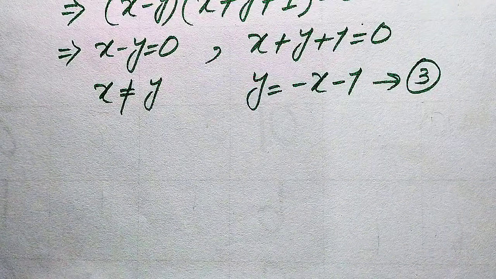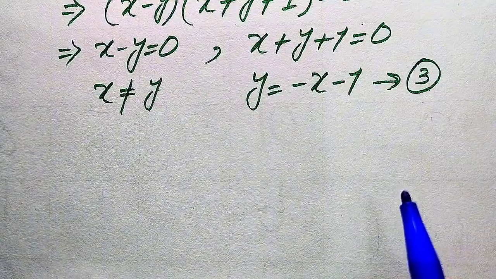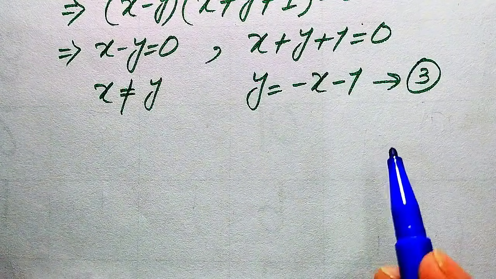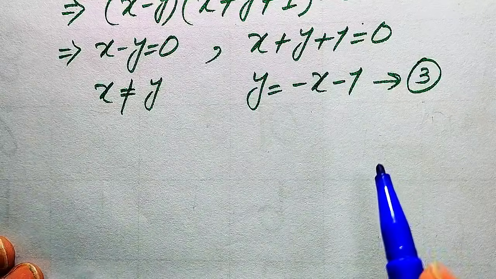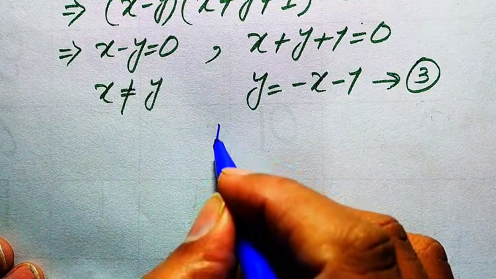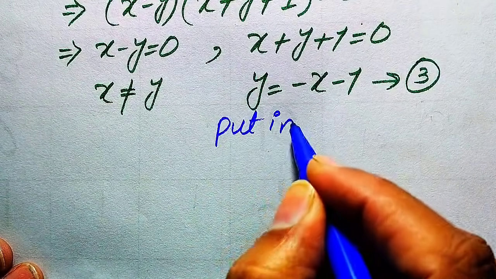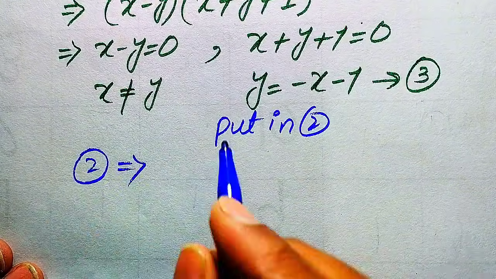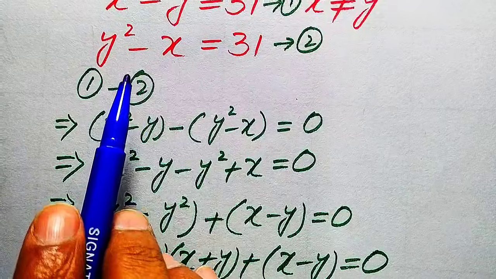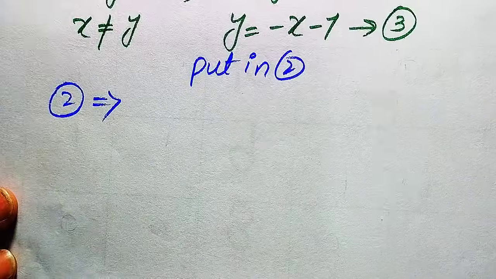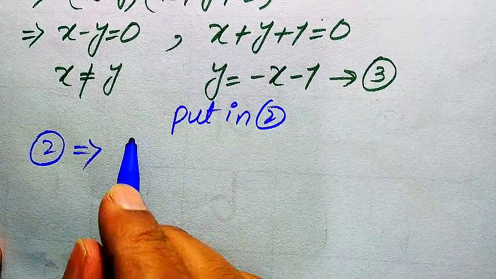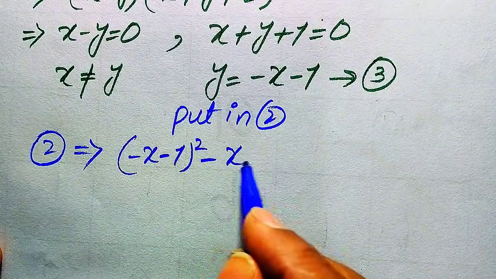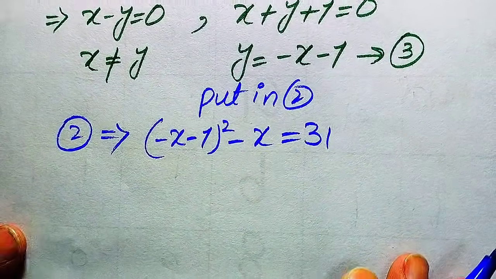So we substitute this value of y into any one equation. Here we just substitute this value of y into equation number 2. So equation number 2 implies y square minus x, and the value of y is minus x minus 1, so when we put it here it becomes minus x minus 1 whole square minus x is equals to 31.